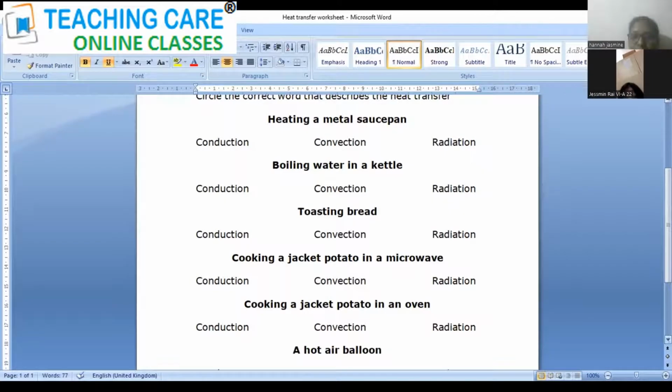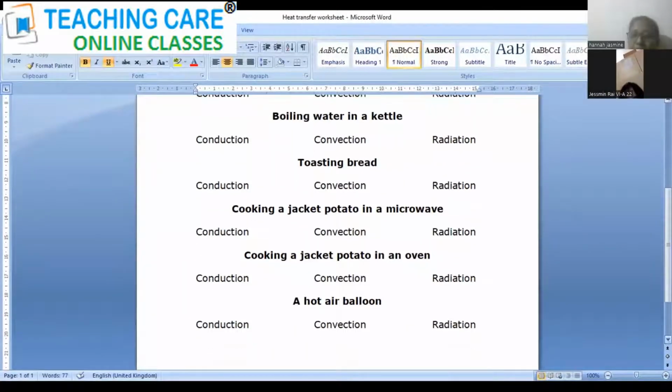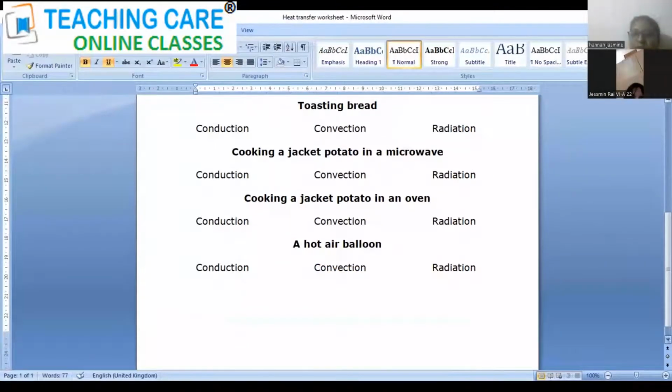Radiation. Yes. Cooking a potato in an oven? Radiation. No, darling. Microwave is radiation, correct. In an oven? Convection. No, conduction, because potato is solid, right? Hot air balloon?